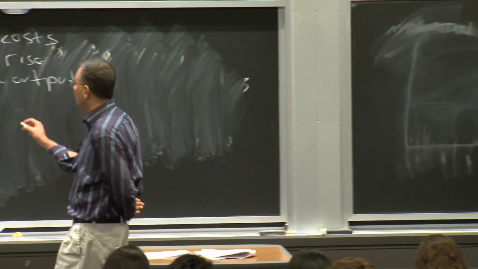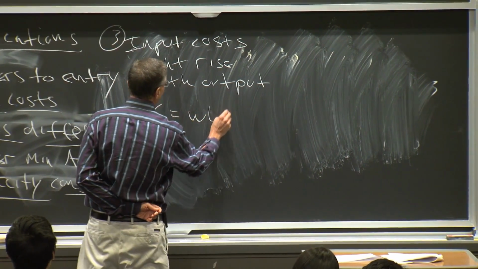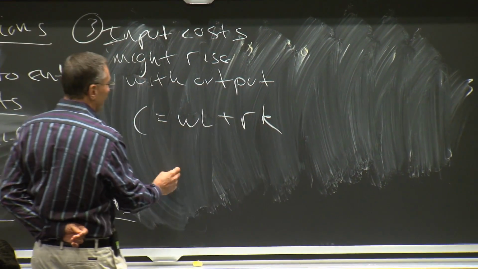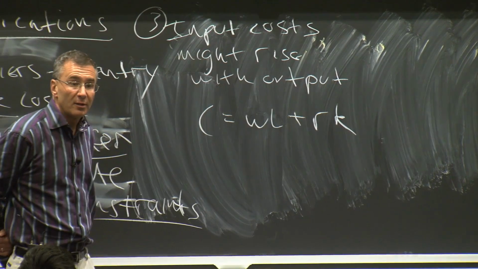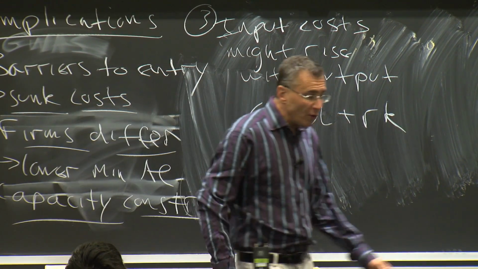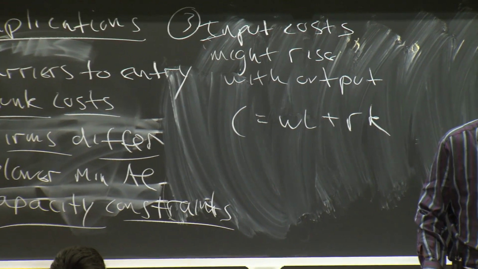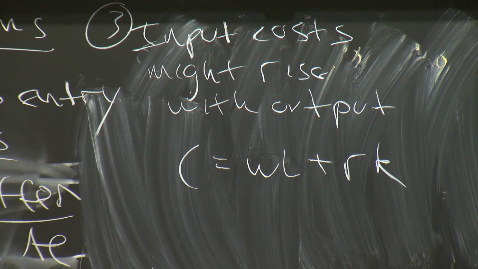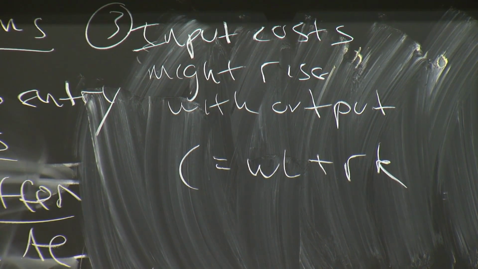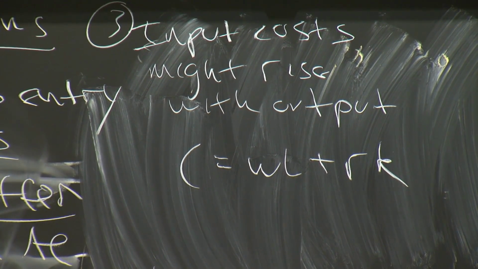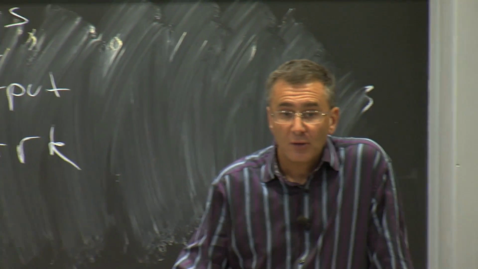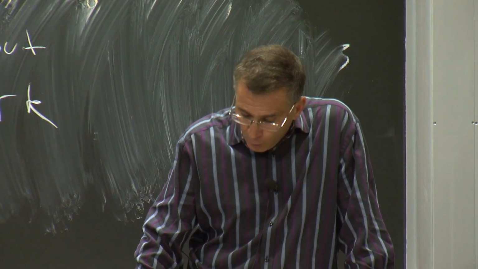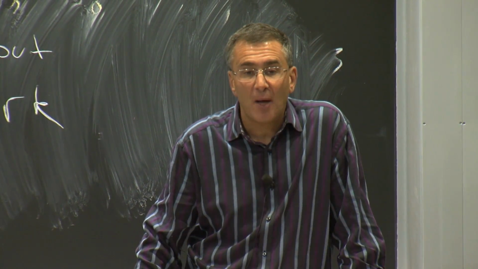Remember, your total cost is C equals WL plus RK. If W goes up, your costs go up. Okay? So those cost curves shift up from 1 to 2. And therefore, you are going to produce at a higher price. If you want to produce a higher quantity Q2, you're going to need to charge a higher price. Okay? And therefore, the market supply curve slopes up.